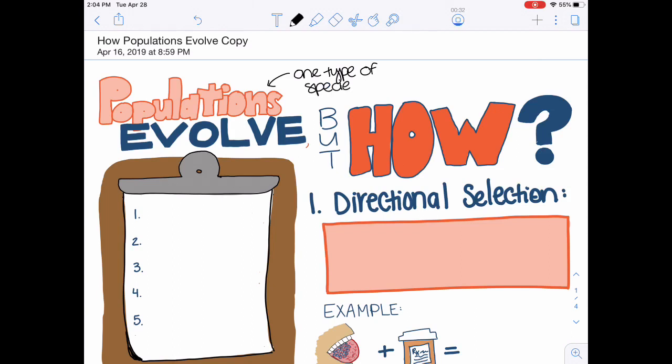That is not to say it is every member of that species, but one species living in the same space. Okay, so that's our definition of a population.